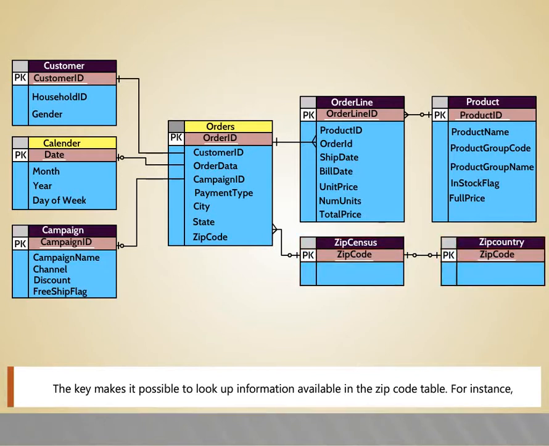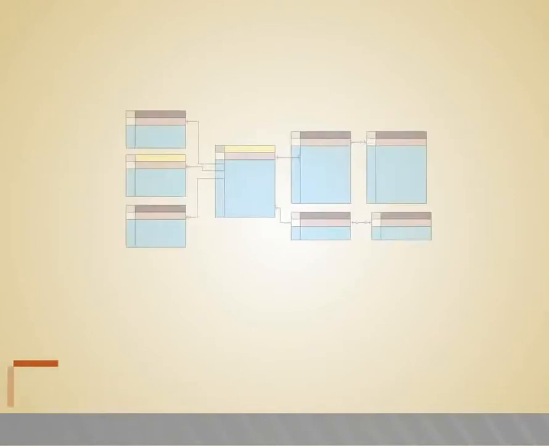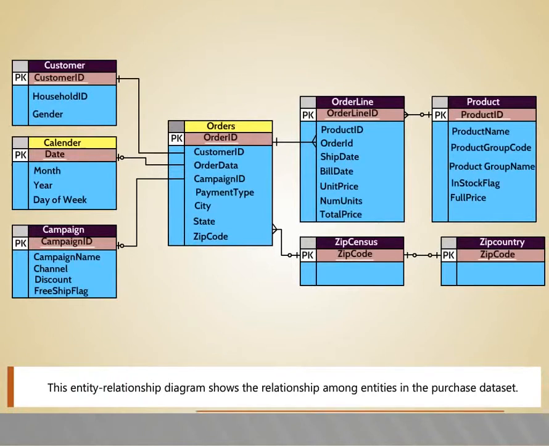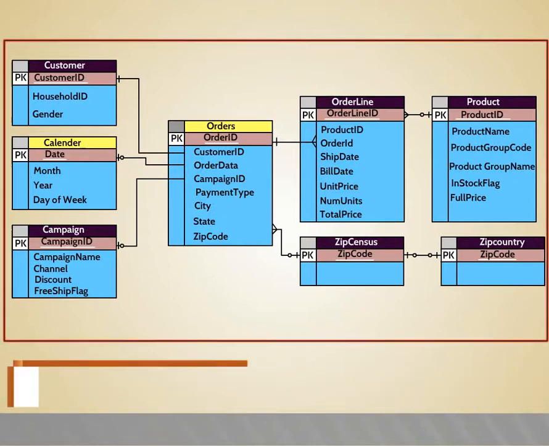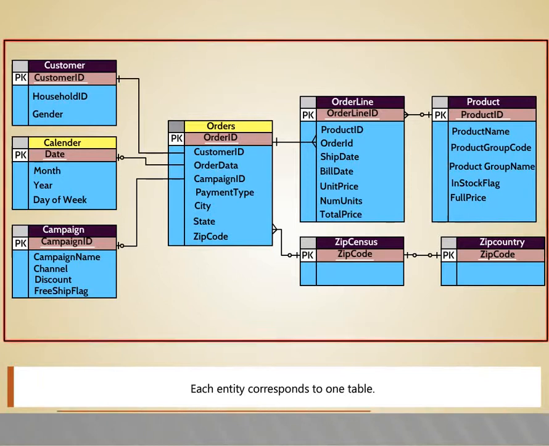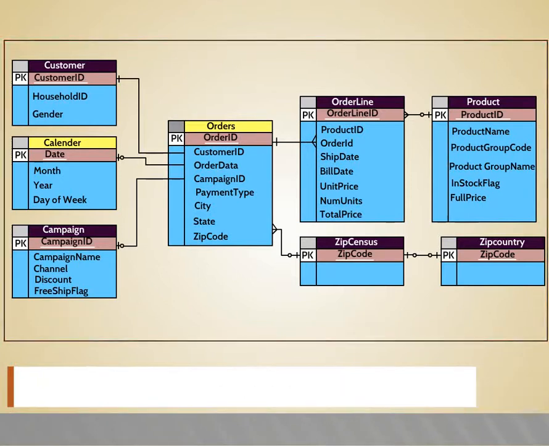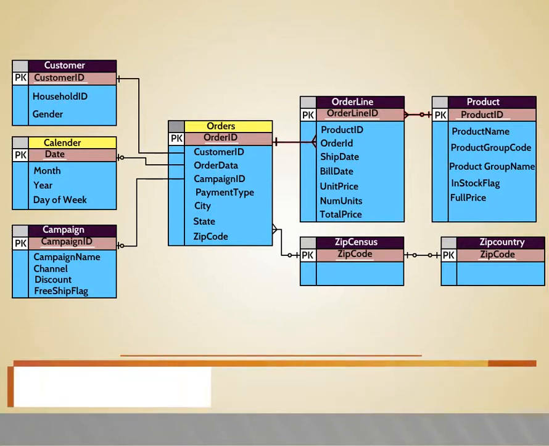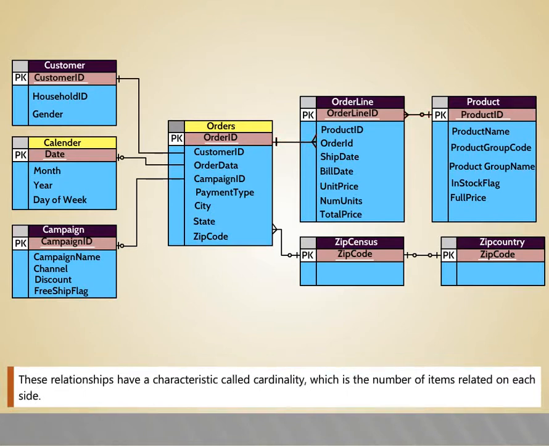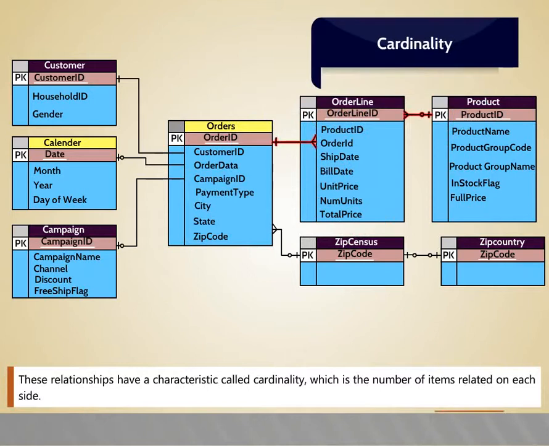For instance, this entity relationship diagram shows the relationship among entities in the purchase dataset. Each entity corresponds to one table. These relationships have a characteristic called cardinality, which is the number of items related on each side.